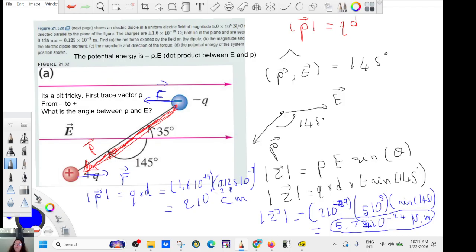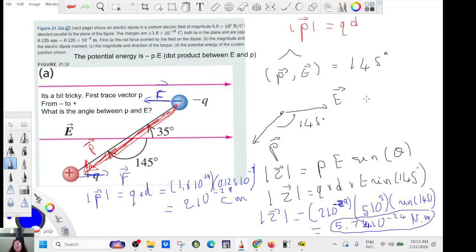It's a minus 5 times 10 to the 5 sine 45. You get this, okay? Minus 29 here. That's P, the dipole moment. And I forgot to mention that the unit is Newton meters.